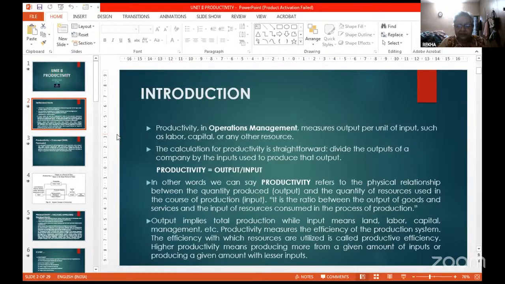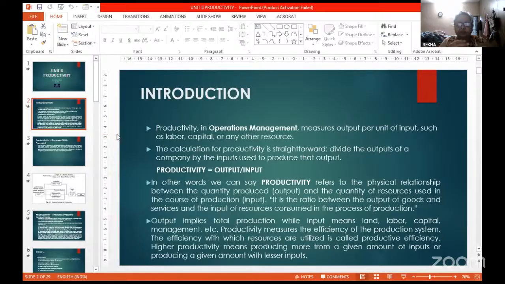Yesterday we had said, what is operations management? You are putting something in, doing certain processing on that input, and producing something. And the value of your production should be more than what you have put in. So productivity is nothing but the ratio between output and input.